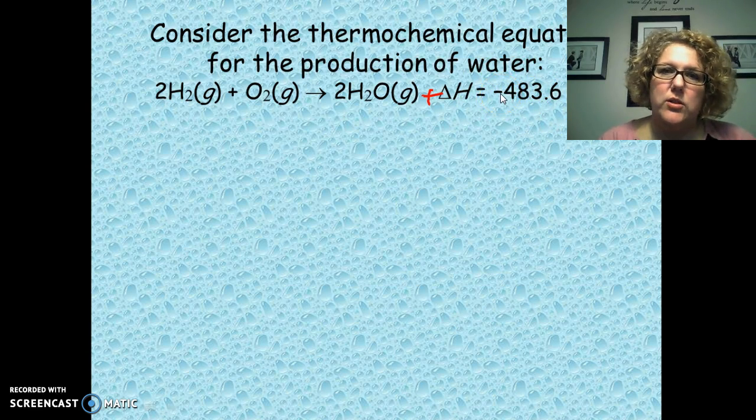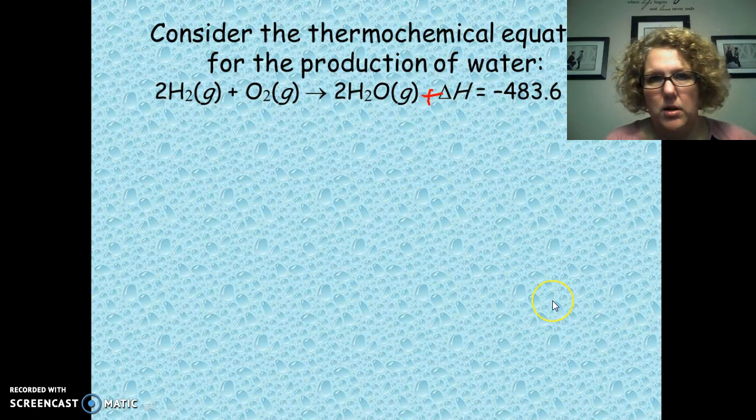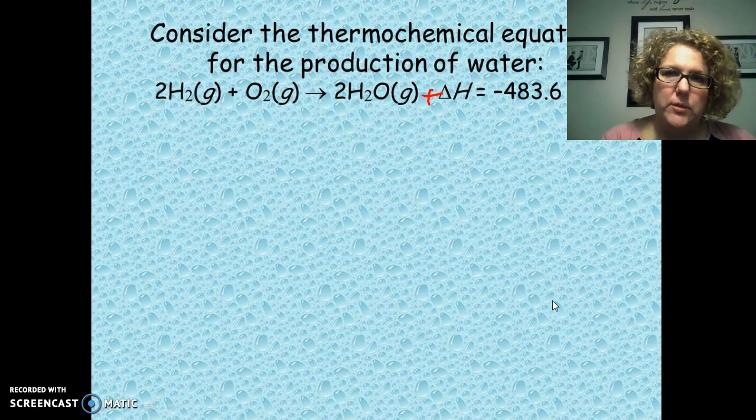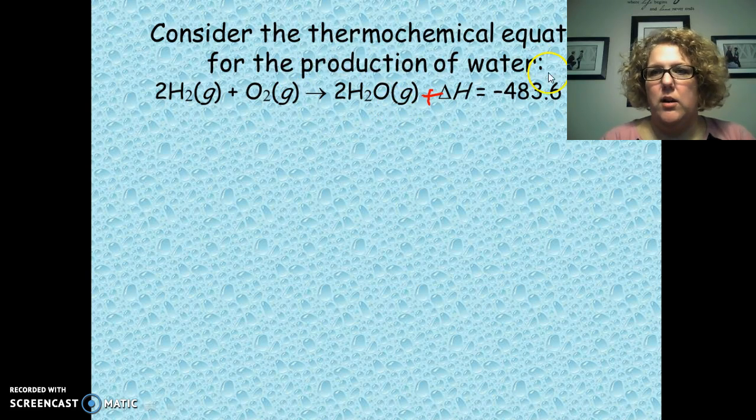So what I want you to do, you can see this little plus sign that I wrote in there from back in the day when I had a smart board. I want you to pretend that this delta H is just part of the products. So hydrogen plus oxygen makes water and this much energy coming out. That's all that negative means. So when you see a negative enthalpy or a negative Q or any of that, don't think of it as like a mathematical negative, like a minus sign or anything.